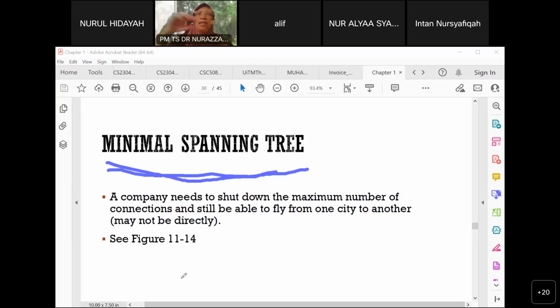Tapi katalah banyak city yang dia ada direct connection, tapi because of the economy, so dia nak cut cost, dia nak kurangkan the flight route tu, tetapi kita masih boleh fly ke Singapore ke Indonesia ataupun ke Thailand, ke Vietnam ke contohnya.